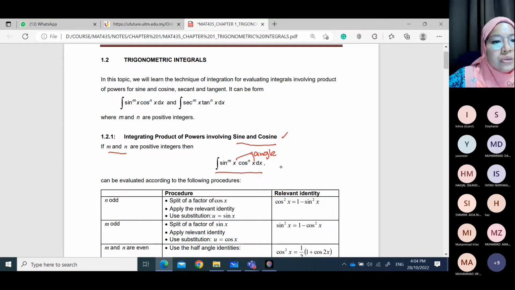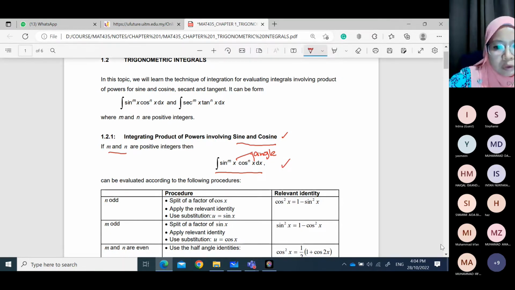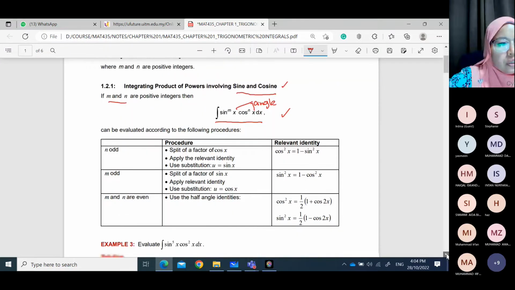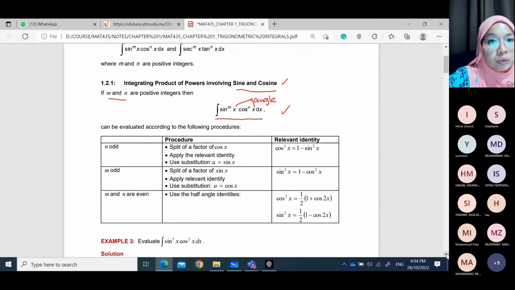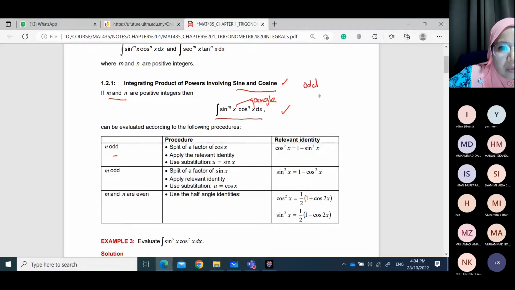Okay, right. So untuk case yang macam ni, bila you nak solve, ada 3 prosedur dekat sini. So maksud prosedur tu adalah 3 step lah ataupun rule. Alright, so first, bila you dapat soalan macam ni, yang you perlu tengok adalah power yang odd. So power yang odd tu maksudnya power yang ganjil. Okay, for example, odd power.